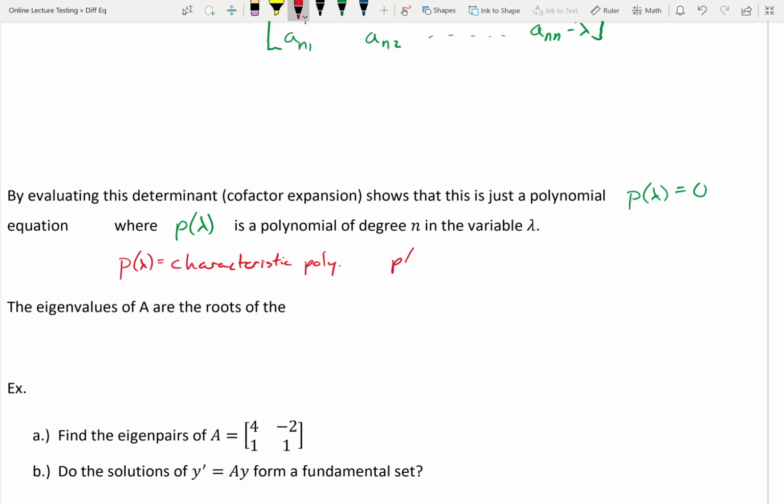And P of lambda equals 0 is our characteristic equation. Notice that this is almost a mirror image of what we would be dealing with in a scalar homogeneous equation with constant coefficients. So the eigenvalues of A are simply the roots of this characteristic equation.